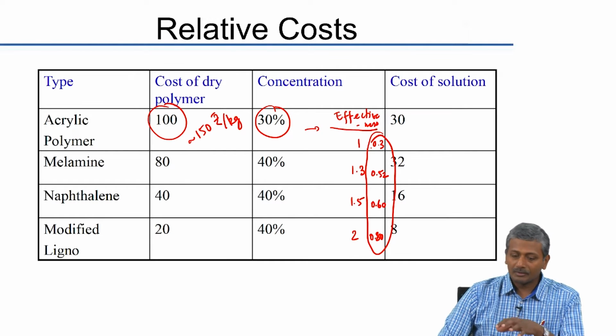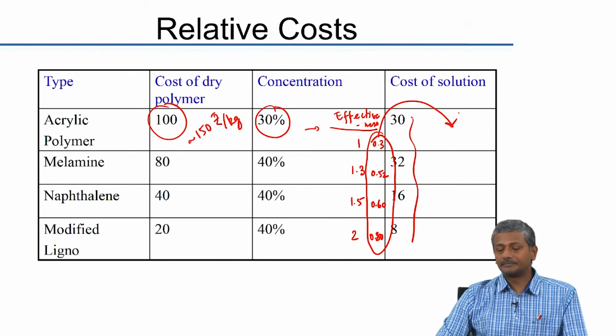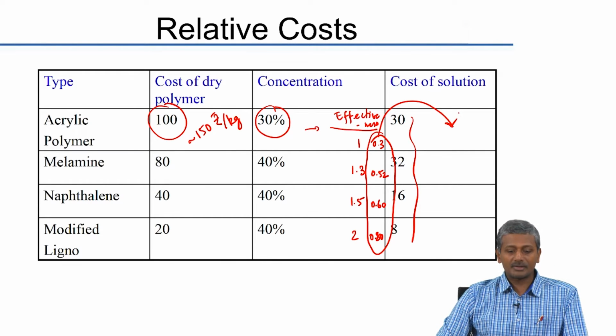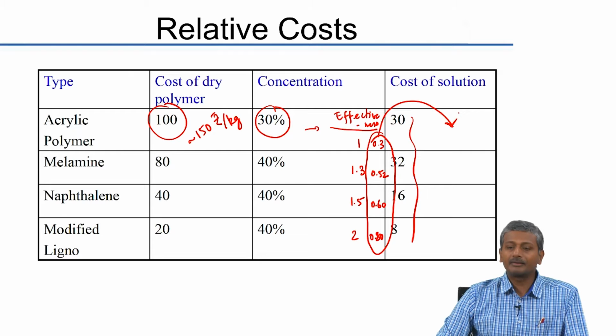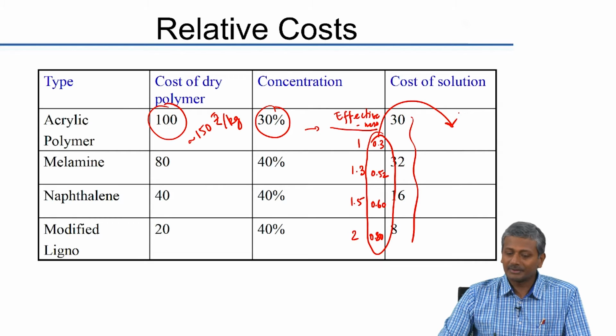Now, if you translate this into the cost, can we look at the cost there? 0.3 multiplied by 100, right, cost of the dry polymer is 100. So, some random units, we are not really talking about cost in rupees or dollars or whatever, we are talking about cost in some random unit.